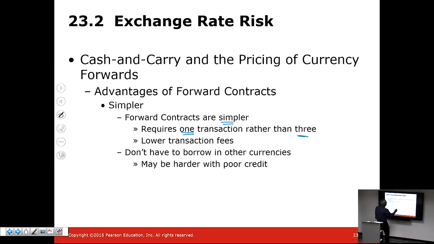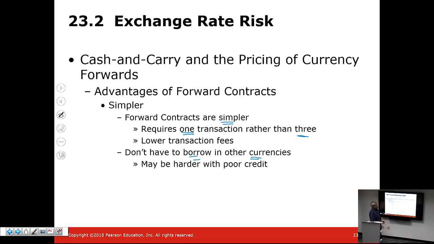And you don't have to borrow in other currencies. You are borrowing in dollars, converting the dollars into euro, and depositing those euros. So now you are dealing with interest rates in two different currencies, in dollars and in euro. And borrowing may or may not be feasible depending upon your credit ratings.